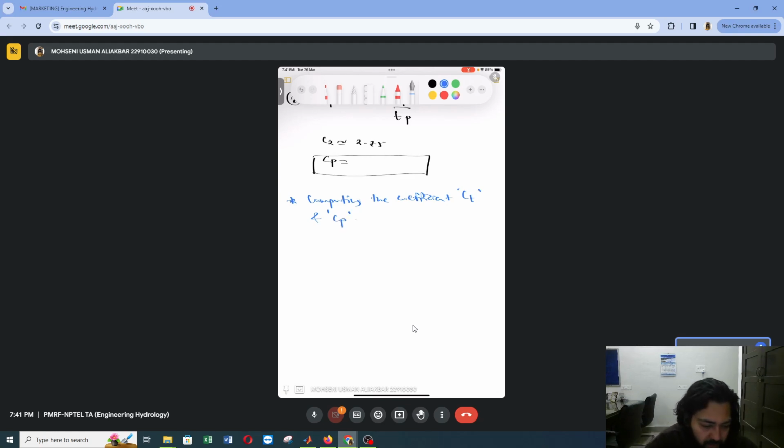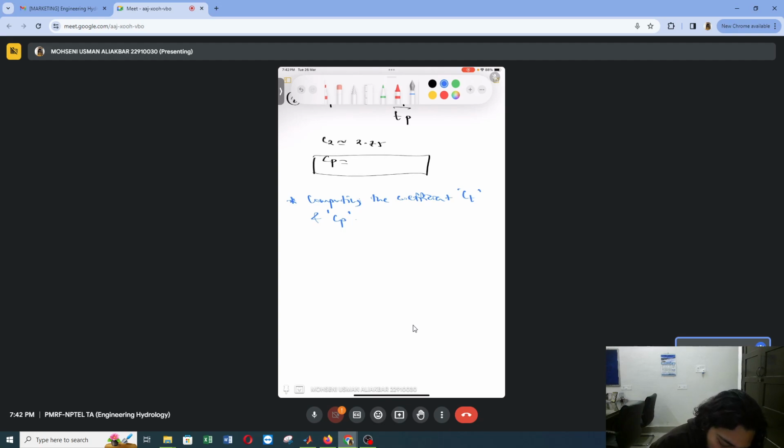For this we should have a catchment which has some gauge data, and that catchment should be nearby to our catchment whose value we want to find. The first thing is to check whether the synthetic unit hydrograph of that gauged catchment is of standard type or not.